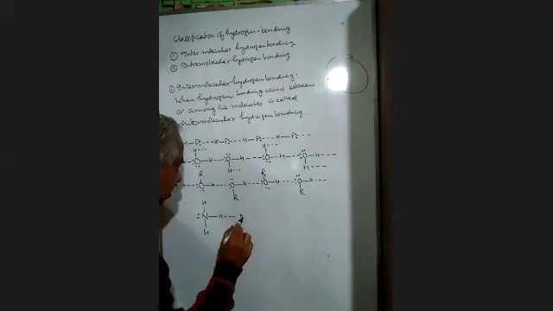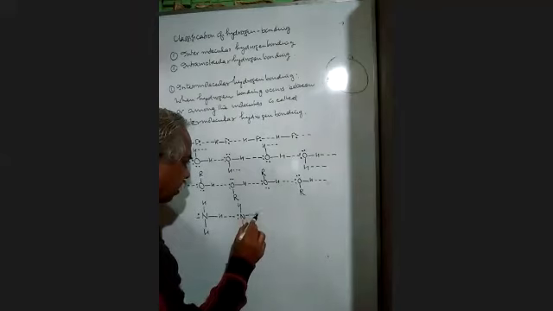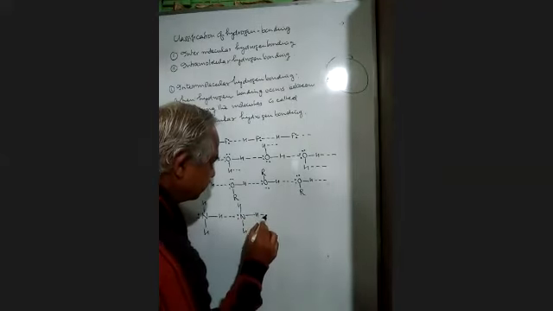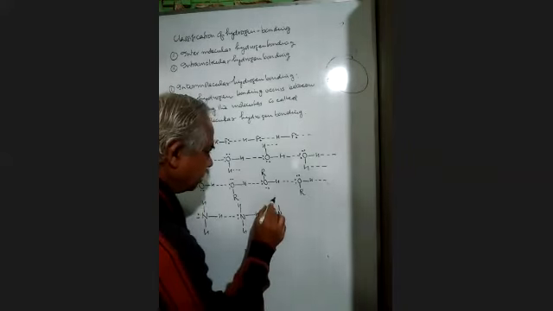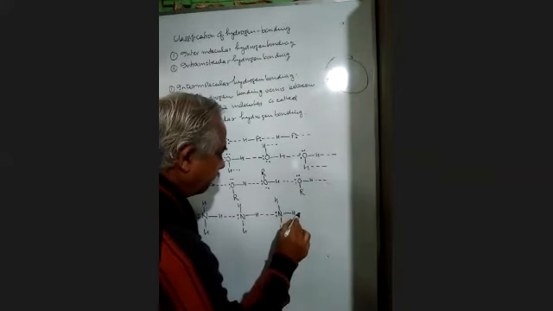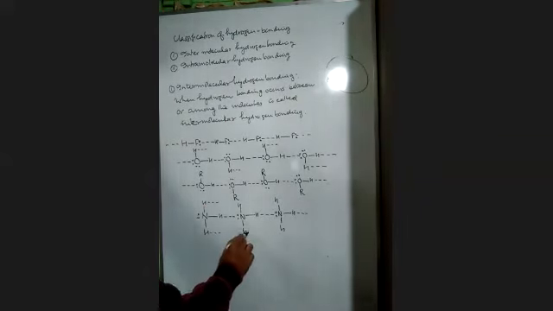Then I'll show one with nitrogen here, ammonia. See here. This is again bonded to other molecules. This is again bonded to other molecules.